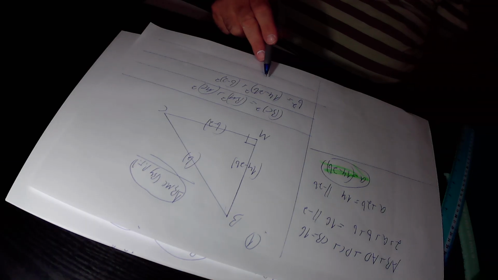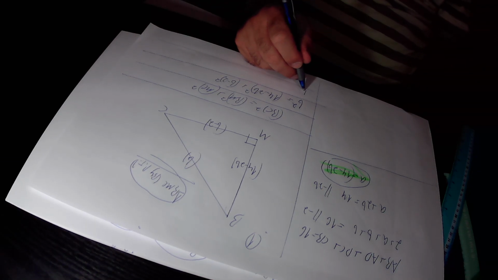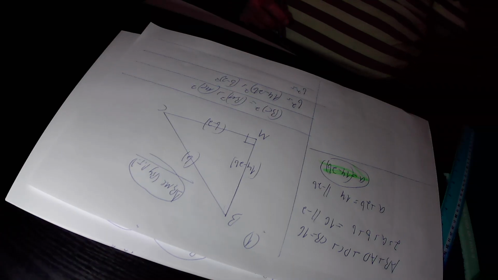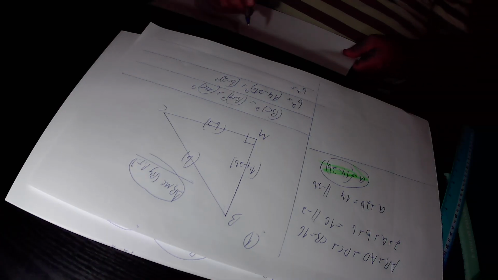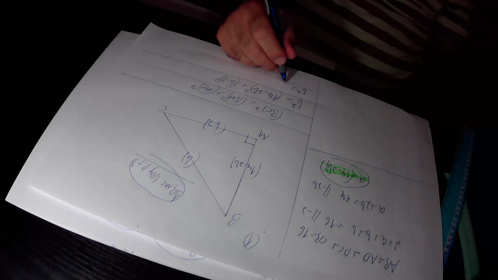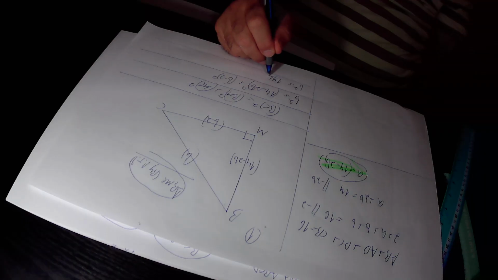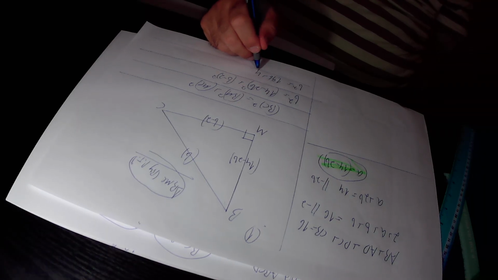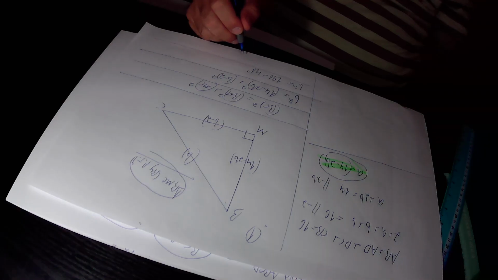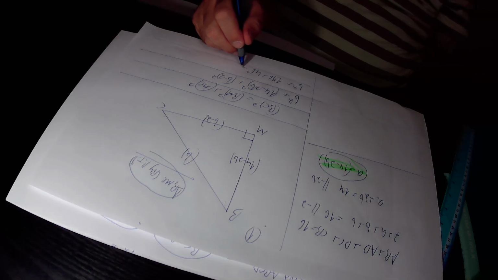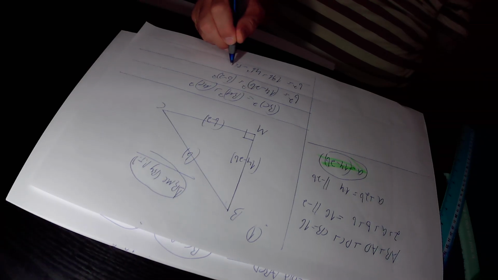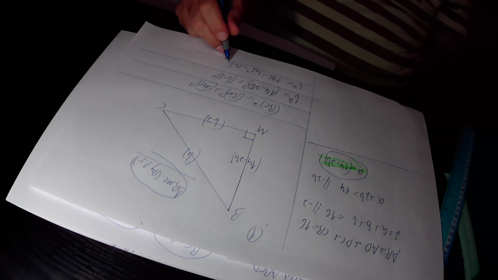Here we open the brackets on the right side of the equation and we get that B squared equals (14 minus 2B) squared. (14 minus 2B) squared is equal to 14 squared, that is 196, plus (2B) squared, that is 4B squared, minus 2 times 14, that is 28, times 2B, which is minus 56B, plus (B minus 2) squared.